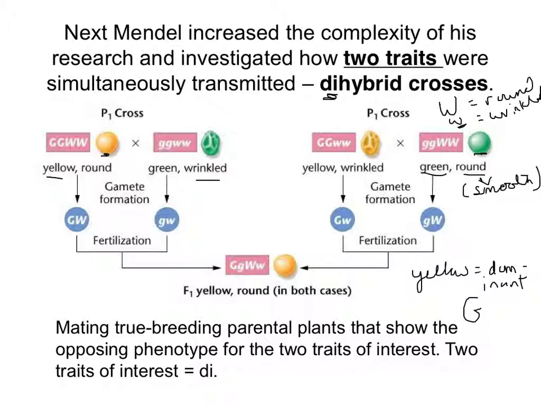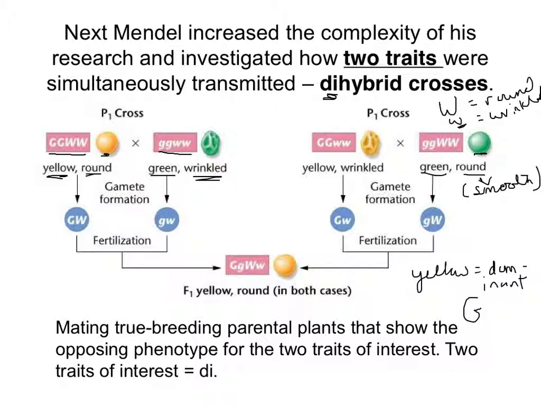So as usual, Mendel started with true breeding parental organisms. And the parental organisms that he started with are shown here. Over here, big G, big W, which is a plant that makes yellow seeds that are round, and little g, little w, which is a plant that makes green seeds that are wrinkled.